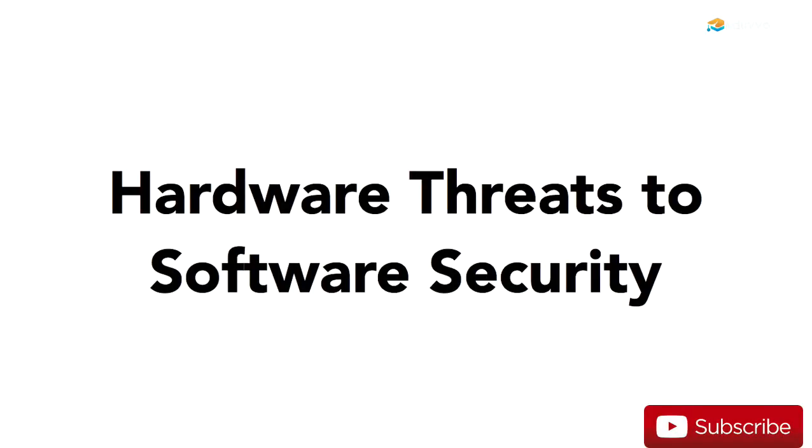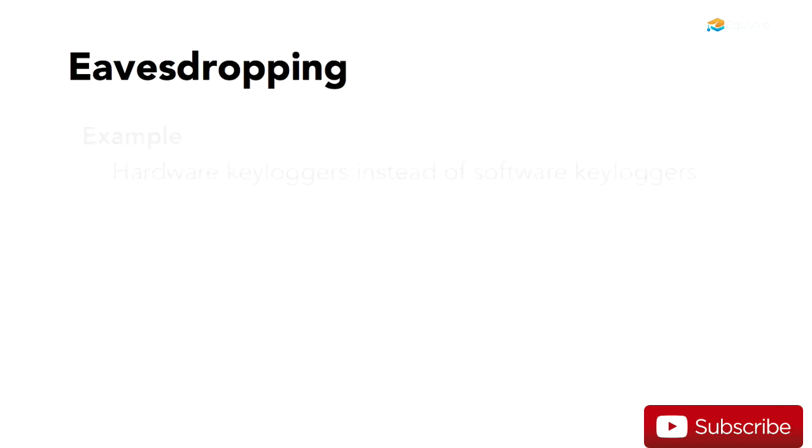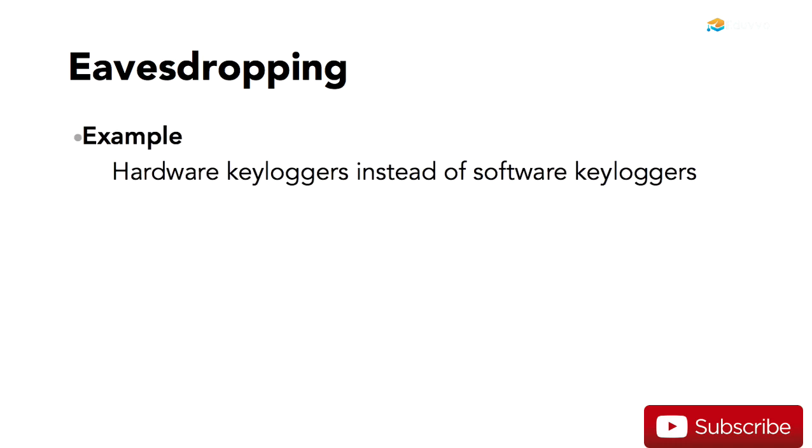There are various threats to software security, including the ones originating from computer hardware. Eavesdropping devices can be installed to bypass software security countermeasures. For example, hardware keyloggers can be used instead of software keyloggers.